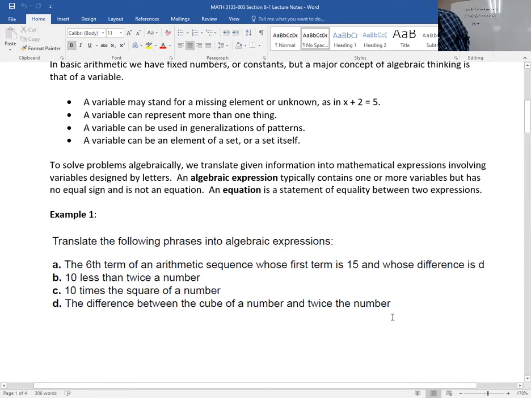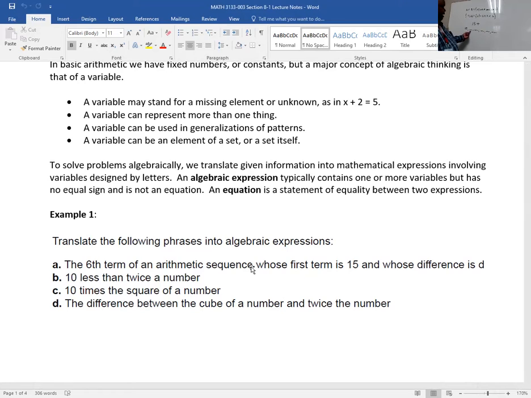And that difference, of course, is D. So you have to think of this 15, and here's the sixth term right there. And then we have to find the common difference here, which is going to be D.